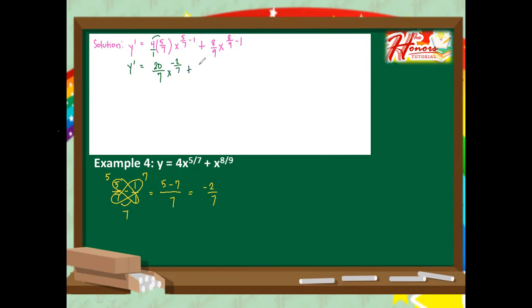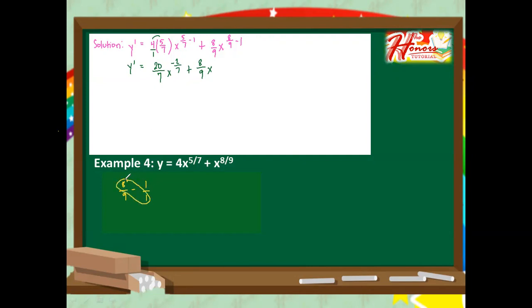So plus, copy 8 over 9, and then let's solve for 8 over 9 minus 1. We will be using the same space. So we have here 8 over 9 minus 1. Let's change 1 into a fraction. It will become 1 over 1.